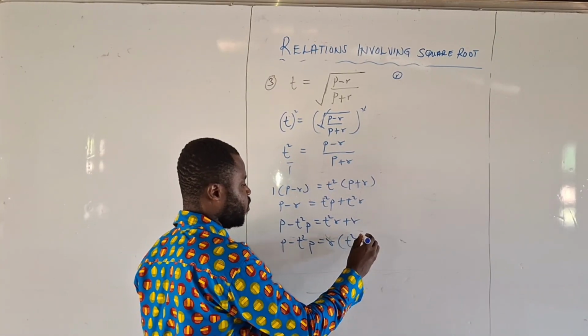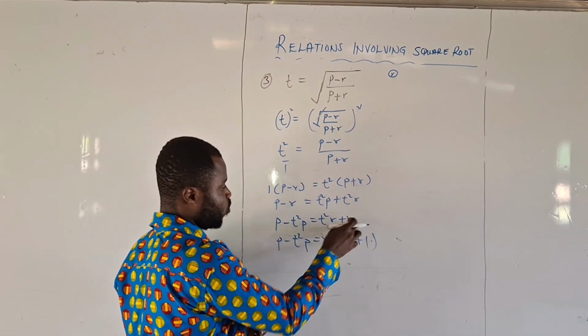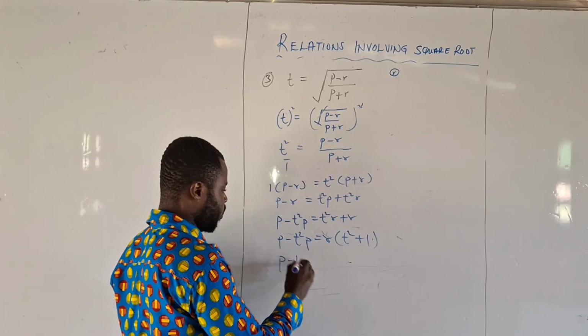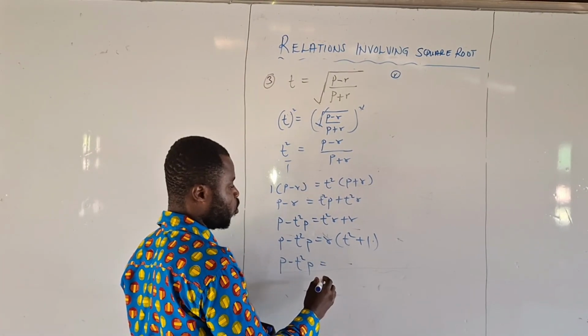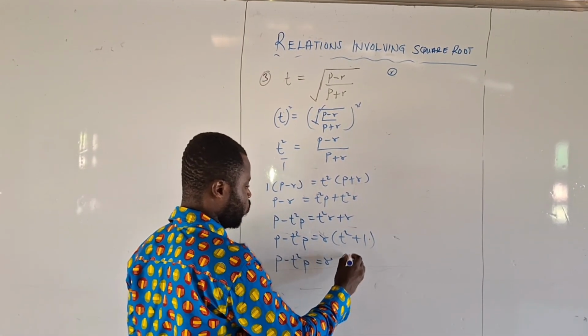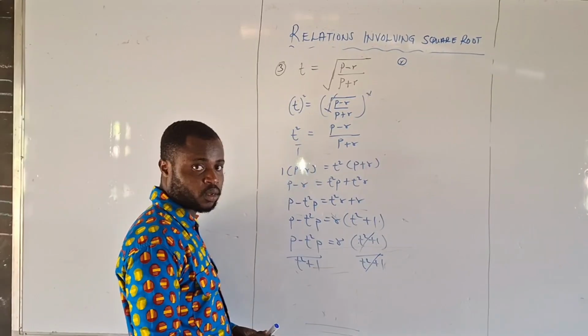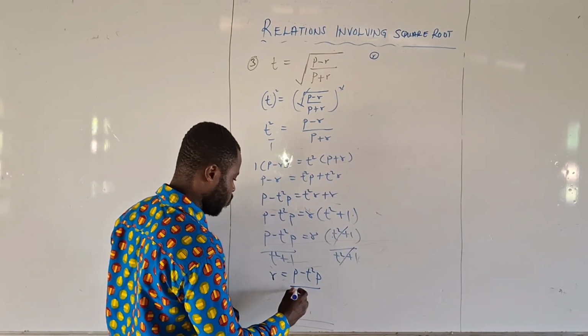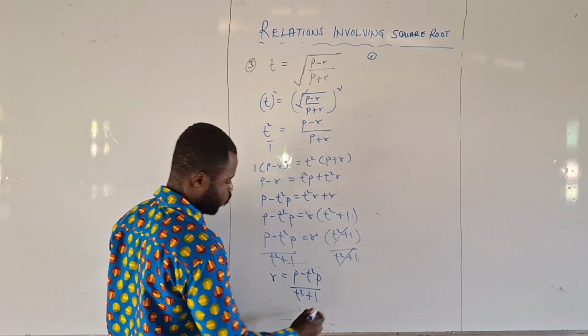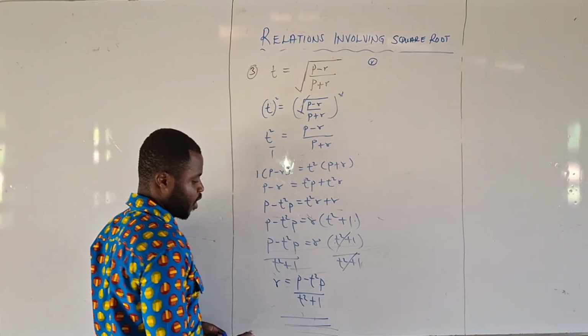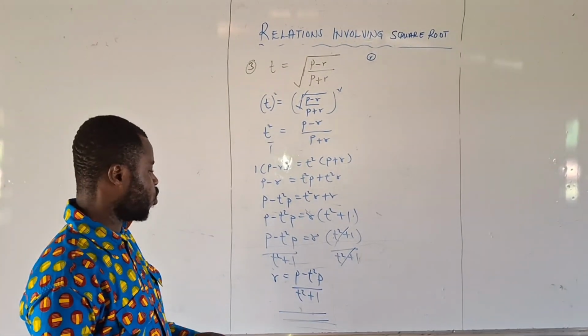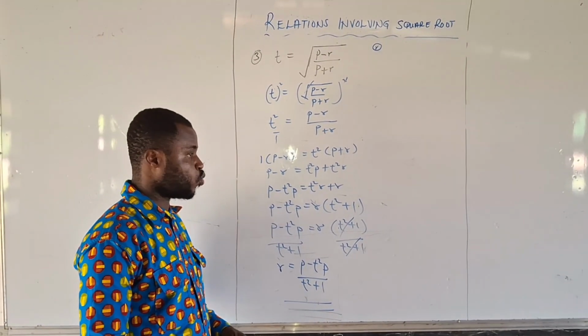So we have T squared plus 1 because this will cancel this 1. Now we have P minus T squared P is equal to R into bracket T squared plus 1. So R is equal to P minus T squared P over T squared plus 1 as our final answer.